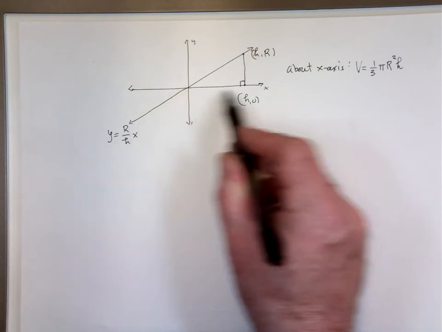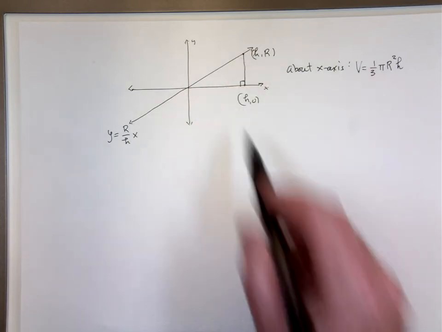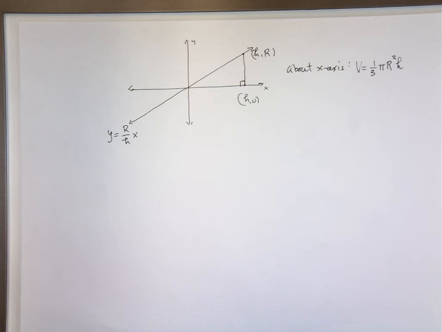That's the volume of a right circular cone whose height is h and whose radius is r. Okay? Now, here's what I want to do. I want to take the same area about the y-axis. Okay? I'm going to take this about the y-axis.